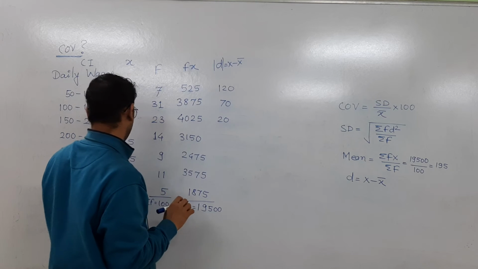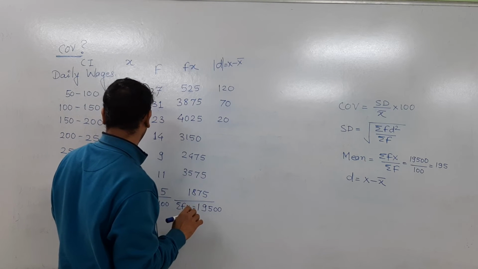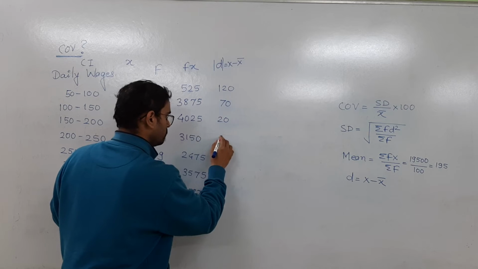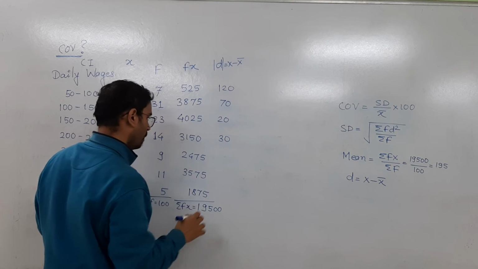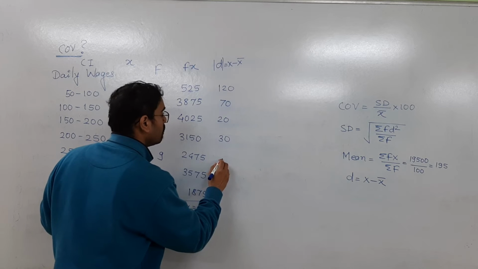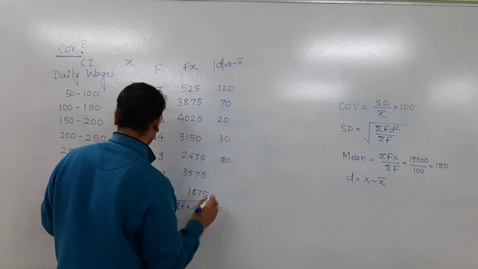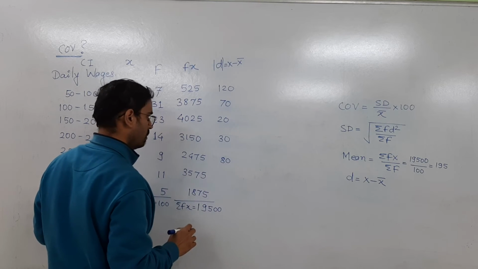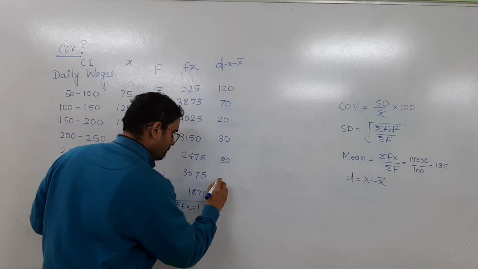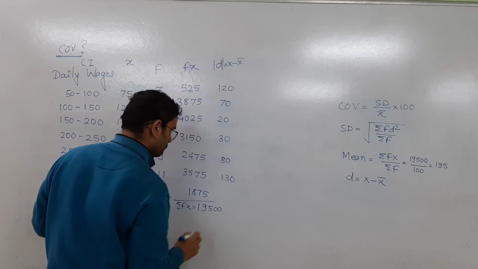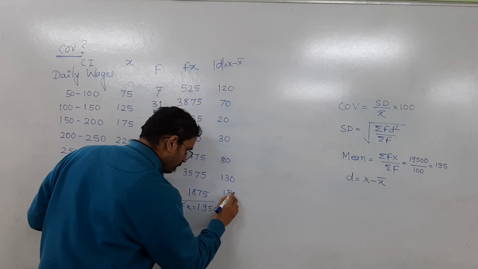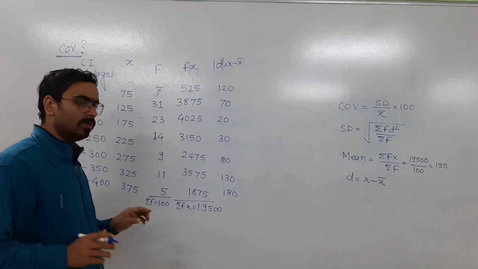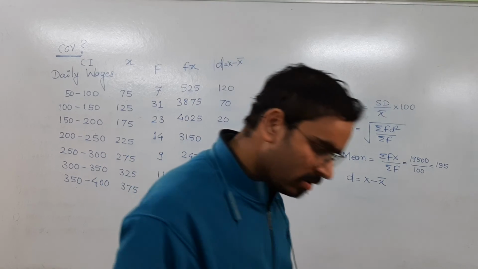After it, 195, 30. After that, 80. After that, 130. And after that, 180. So we got the values of D.